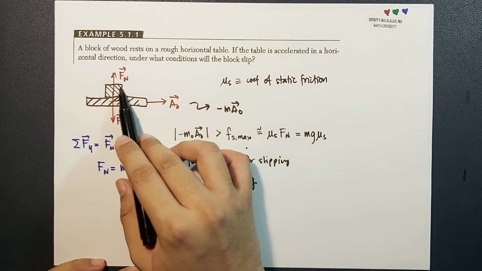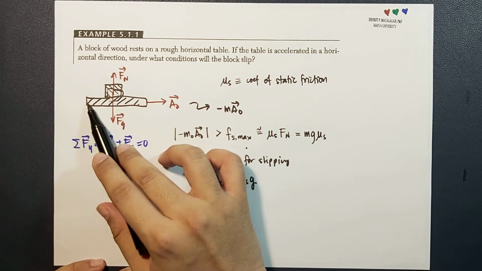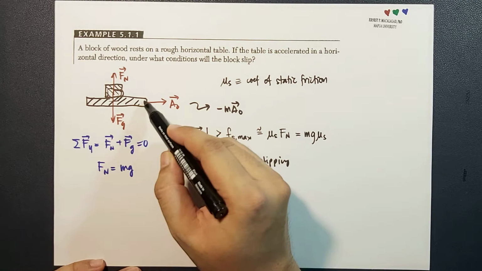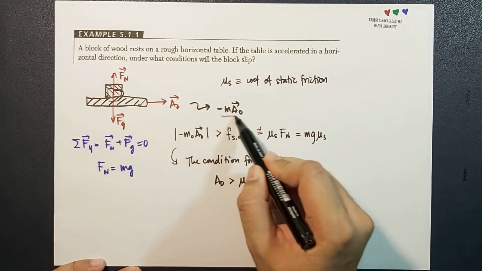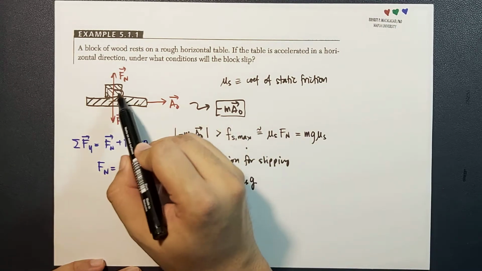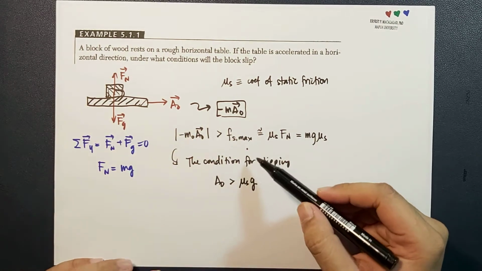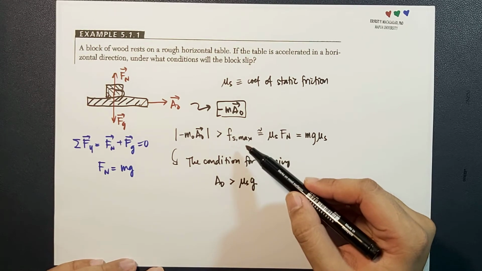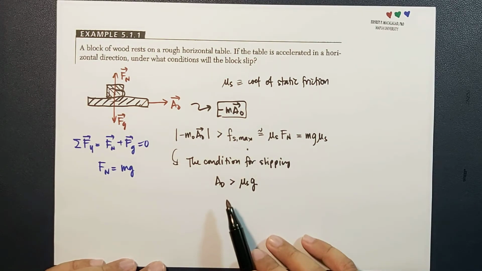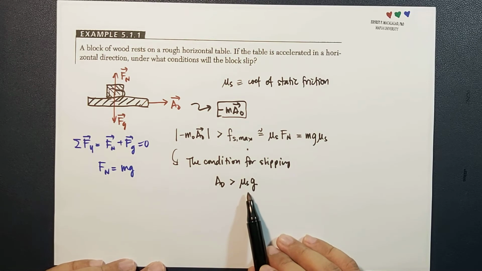The inertial force experienced by the block once the tabletop is accelerated is equal to this, and it must exceed this frictional force. This implies that you need to accelerate the table more for rougher surfaces than smooth surfaces.